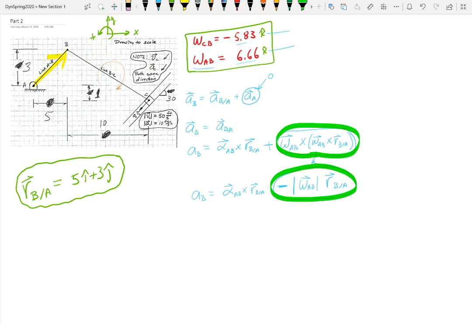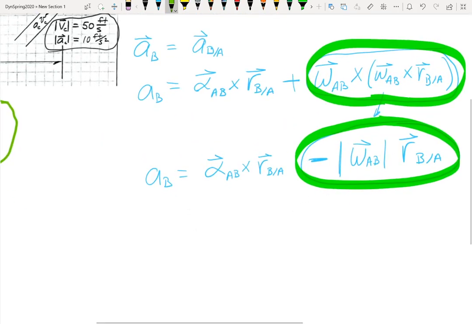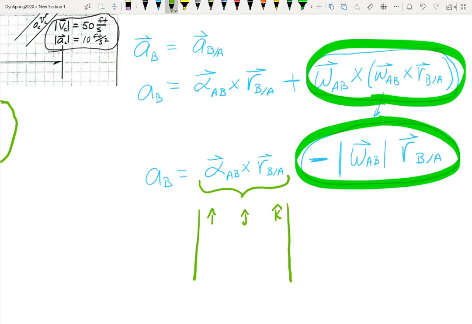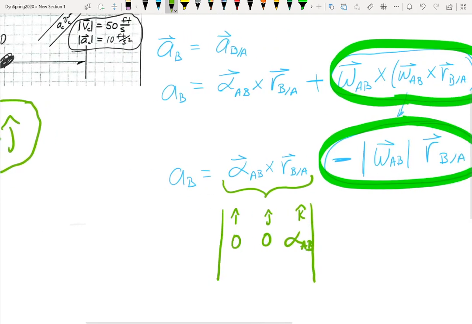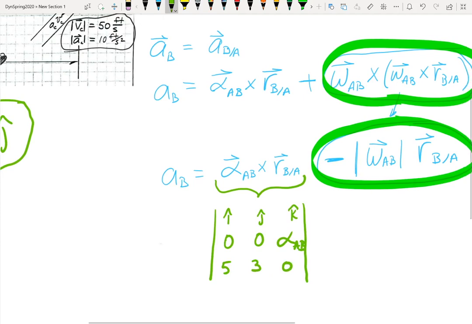I don't have alpha. I do know that I need to find it, but here's the key. I don't know what it is. So let's take a look at this. What we'll have is I, J, and K, 0, 0, alpha AB, whatever that number happens to be, 5, 3, and 0, and you're done there.